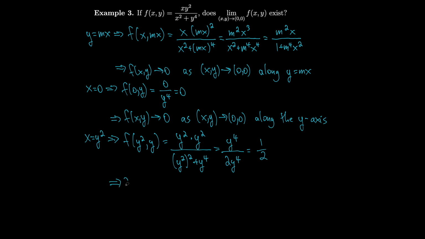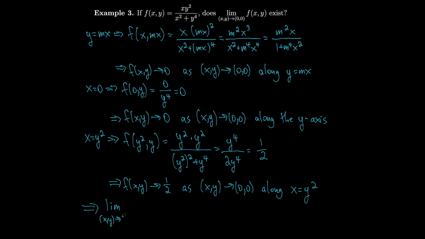Okay, so that means that f of (x, y) approaches 1/2 as (x, y) approaches the origin along the parabola x equals y squared. So again, our limit does not exist.